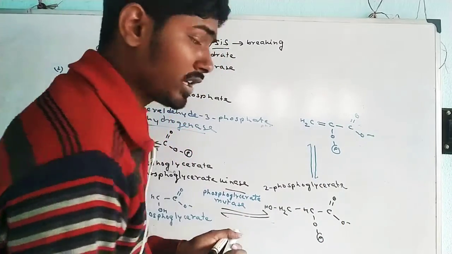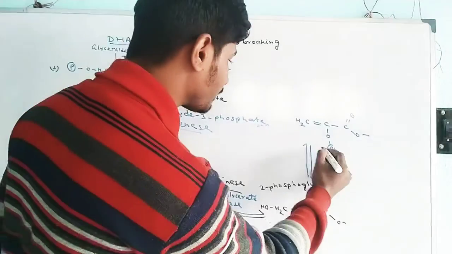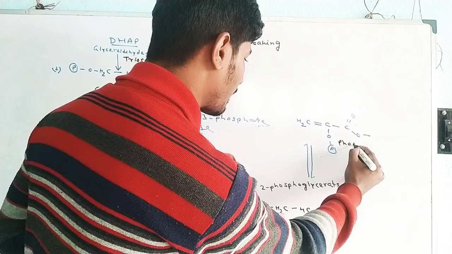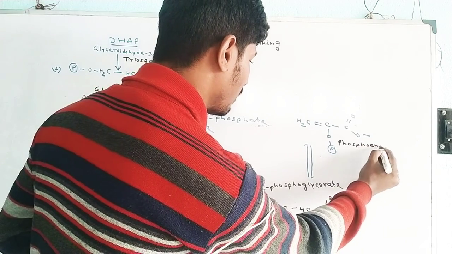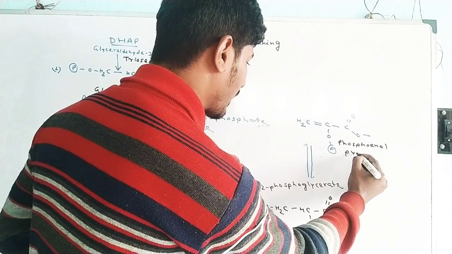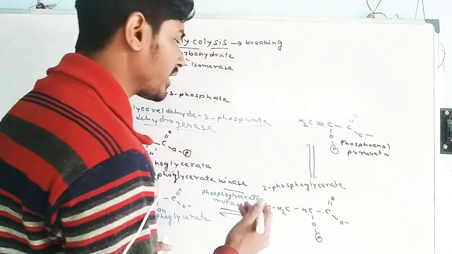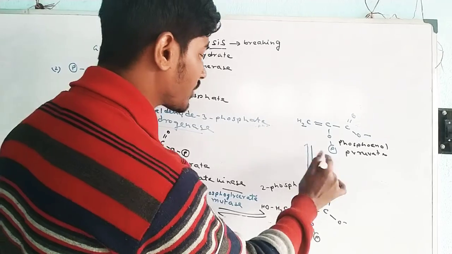So this is basically phosphoenol pyruvate. We write it here, phosphoenol pyruvate, and the enzyme that is catalyzing the reaction is enolase.